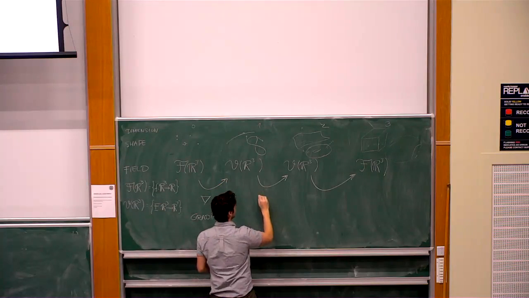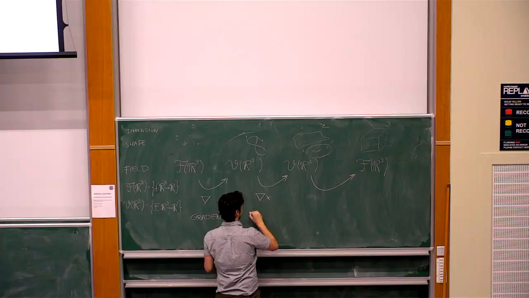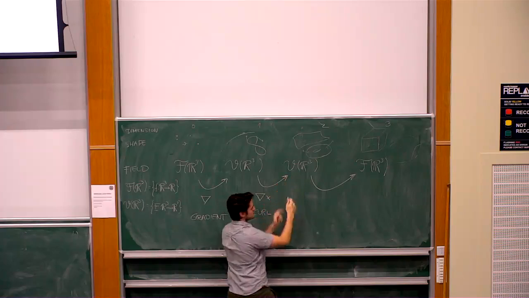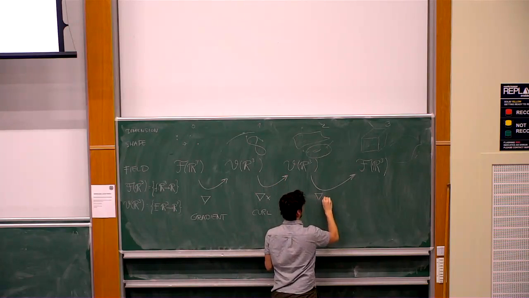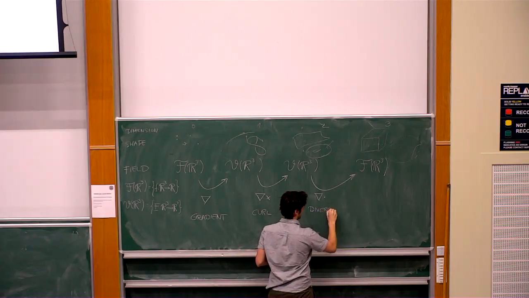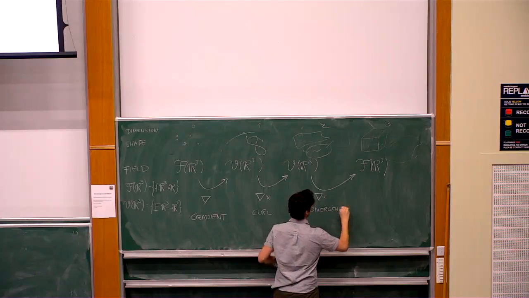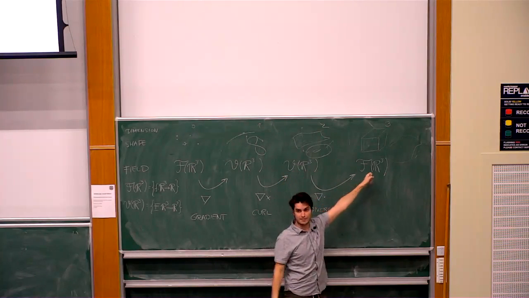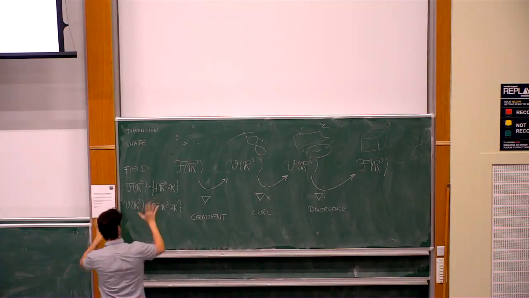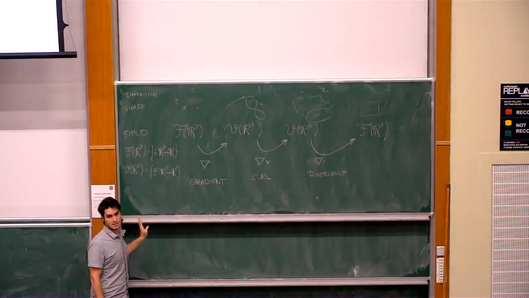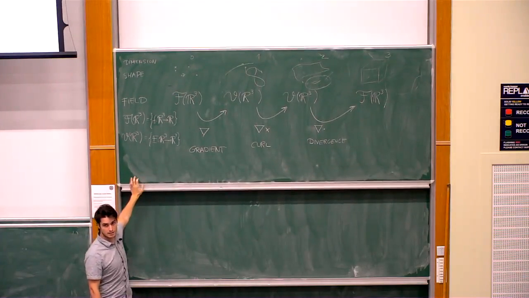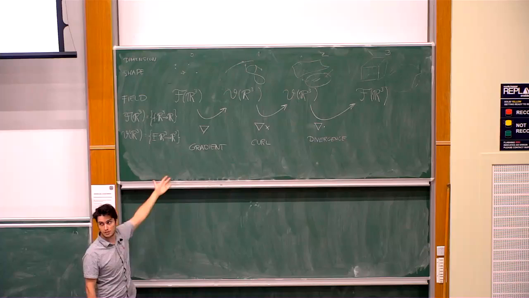We had curl, which took vector fields and gave vector fields, and we had divergence, which took vector fields and gave functions. So if anything, this diagram is trying to summarize that overall algebraic structure that we discussed in the lecture on differential operators on functions and vector fields.